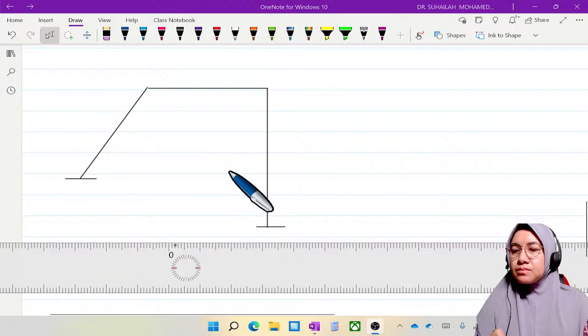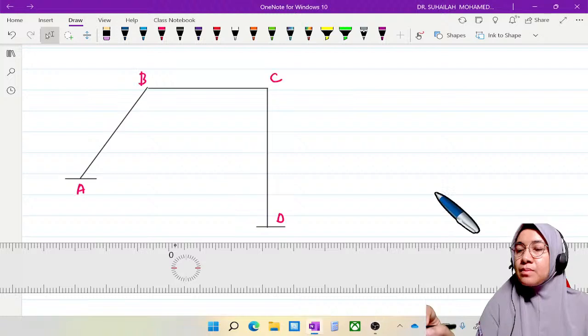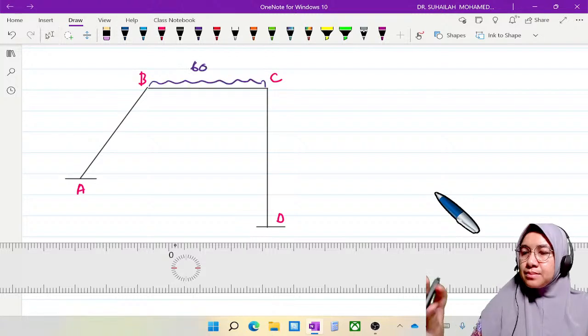So this is A, B, C, D. This is a frame, an unsymmetrical frame. This frame has a UDL of 60 kilonewton per meter.